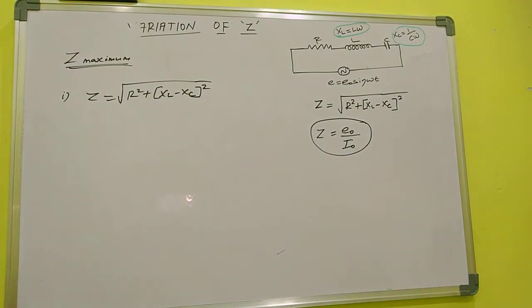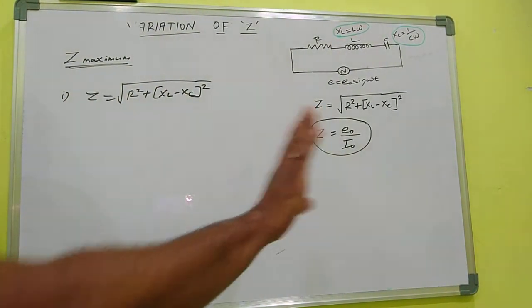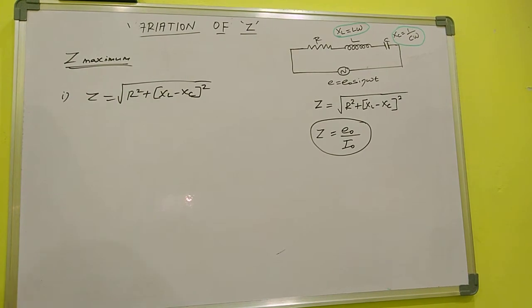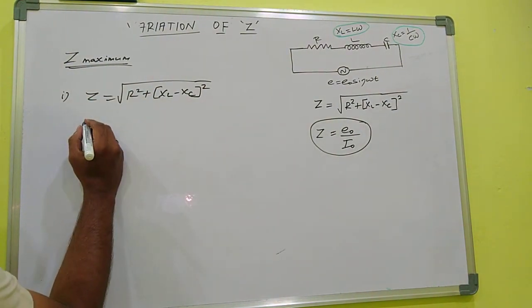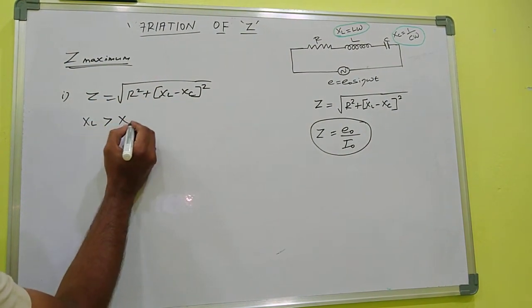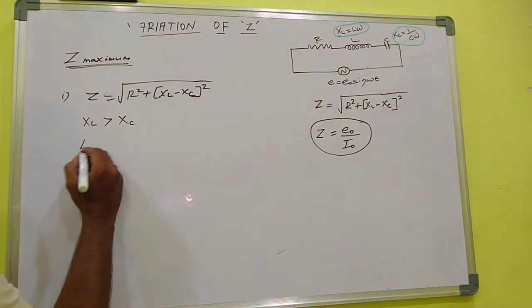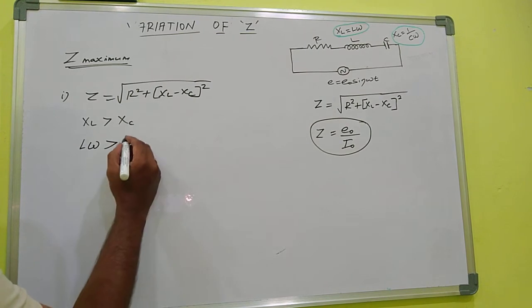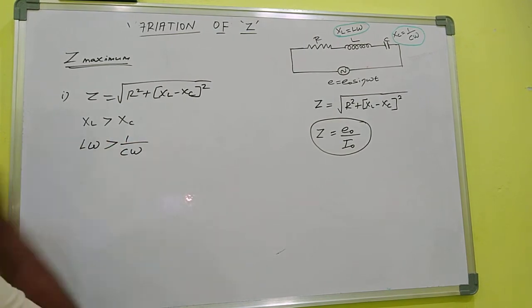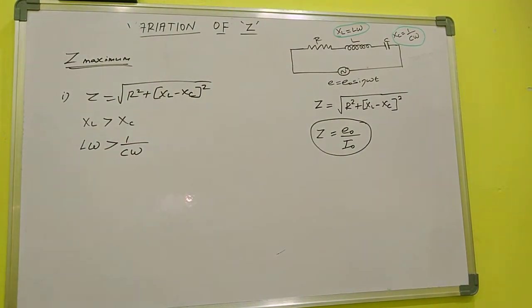If XL and XC are equal, they will cancel each other out. If XL is greater than XC, that means L omega is greater than 1 by C omega.